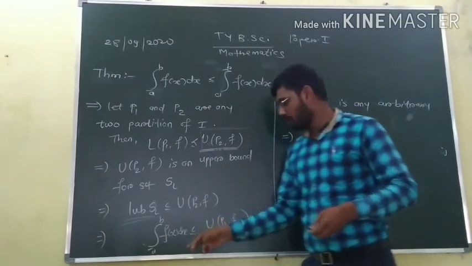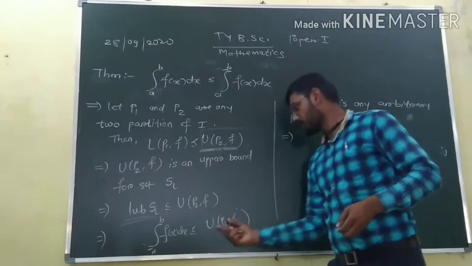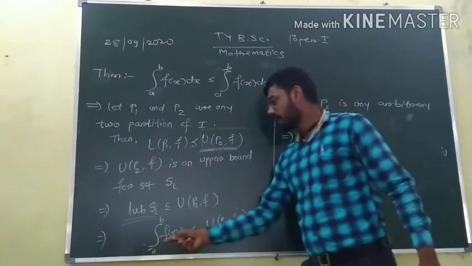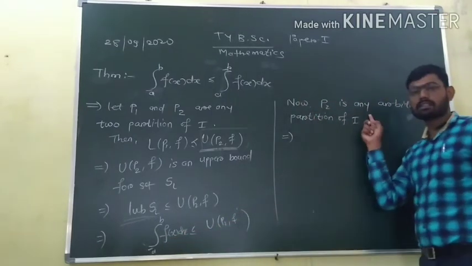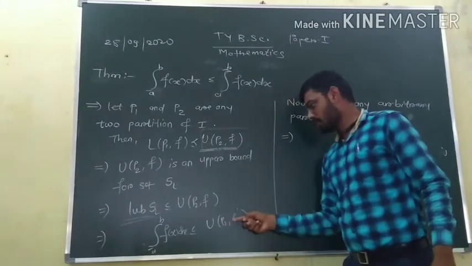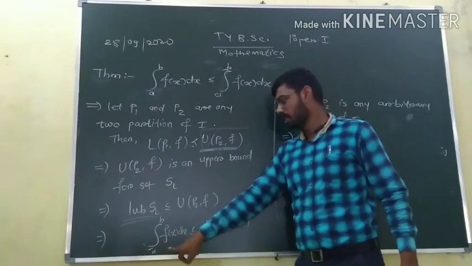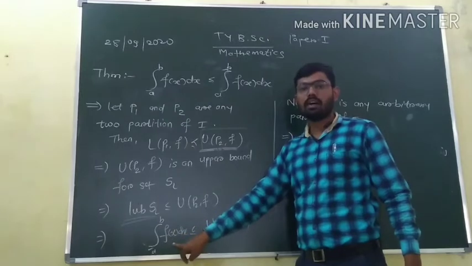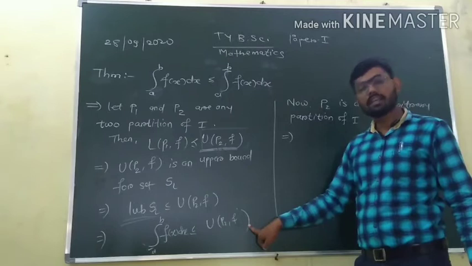Now see this inequality. We come to know from this that the upper sum for function f corresponding to partition P2 is greater than or equal to this lower integral, but P2 is any arbitrary partition. So any upper sum for the function f corresponding to any partition is always greater than or equal to this lower integral. So this lower integral is nothing but a lower bound for the set of all upper sums, that is SU.